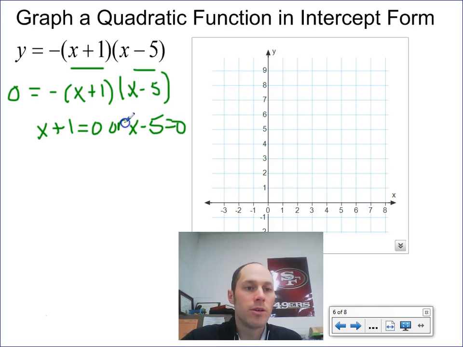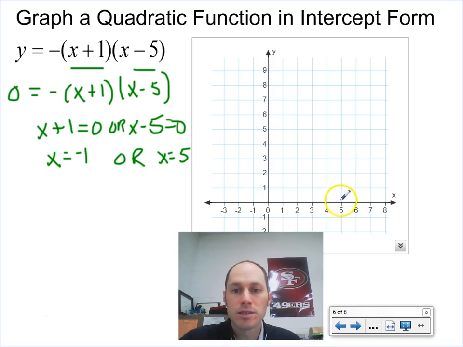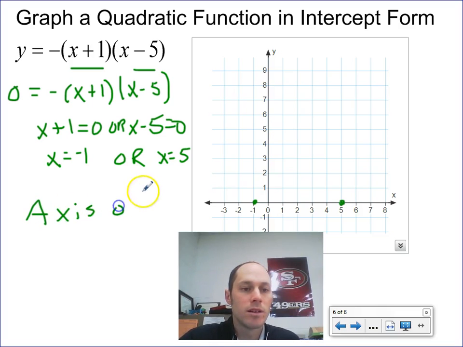And so I would know that x would be negative 1, or x would equal 5. So that gives me my x-intercepts, 5 and negative 1. I know my axis of symmetry is going to be halfway between. So what's halfway between 5 and negative 1?